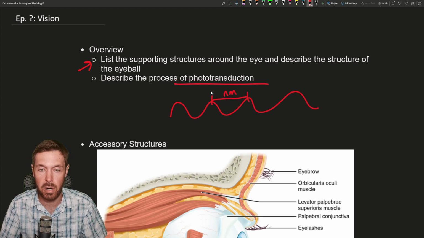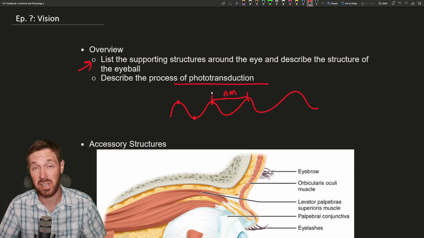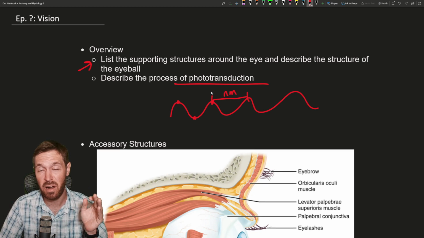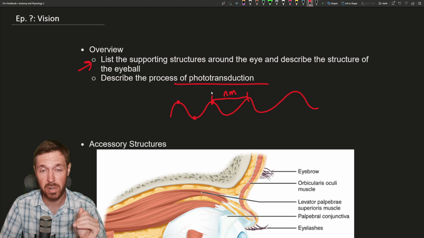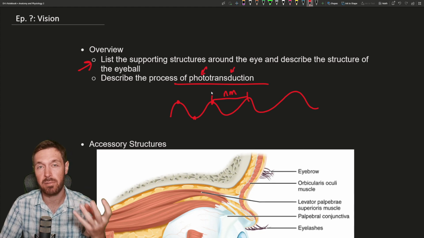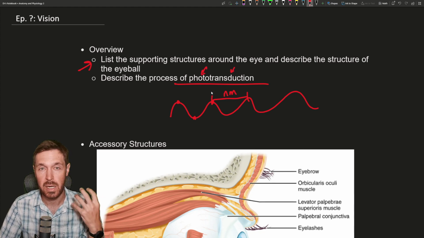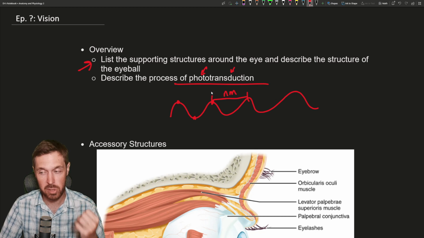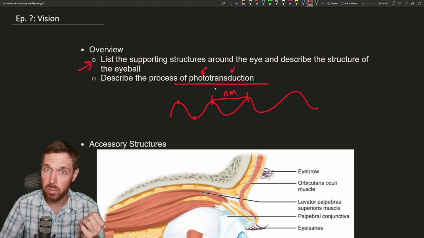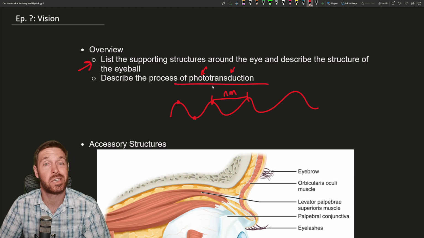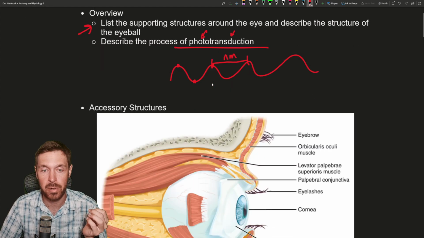As these particles move at this set energy, they can actually cause proteins in our eye to change shape. Phototransduction means taking a photon of light and transducing it, converting it to electrical energy that we can convert for vision. So it's a really cool process, but as you can sense, it's kind of complex.